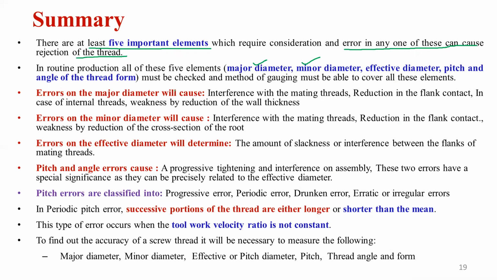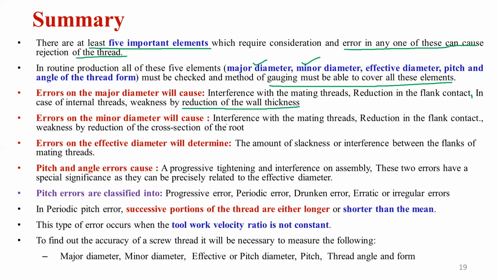These elements must be checked, and the method of gauging must be able to cover all of them. Errors in the major diameter cause interference with the mating threads and reduce the flank contact, and in the case of internal threads, the wall thickness is reduced, which weakens the threads.